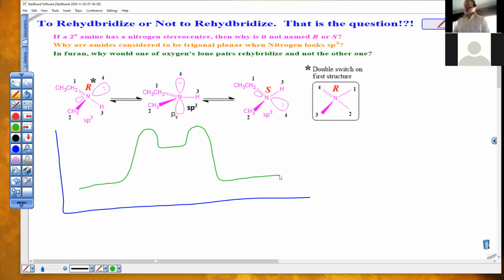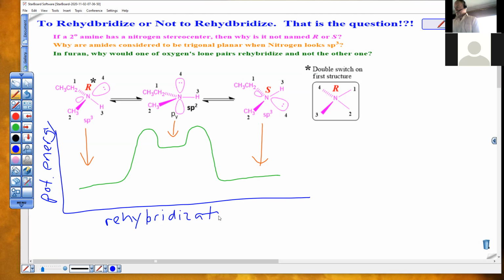And the questions are, why are these so much more stable on the outside than the one in the middle? And the answer is quite simple. This is potential energy. And this is rehybridization here. We're rehybridizing to sp2 so that we can get to the other sp3.